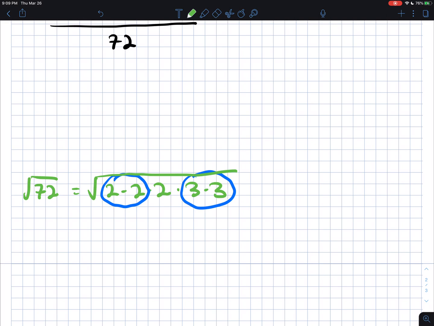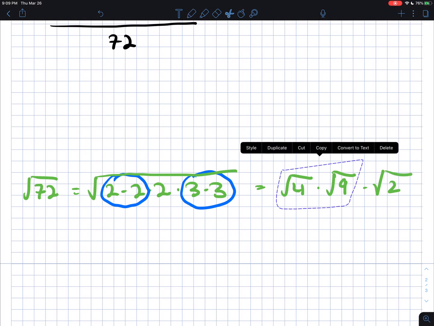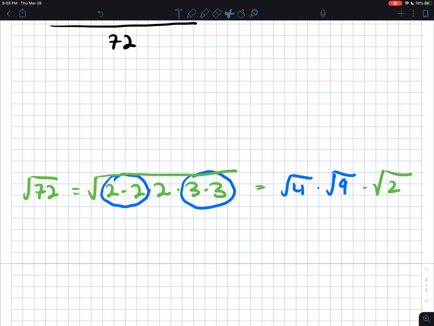Let's group those together. So then this becomes 2 times 2, which is 4. It becomes the square root of 4 times the square root of 9 times the square root of 2. And let me do these in this color so you know what goes with what. Okay? So now we can simplify those perfect squares. The square root of 4 is 2.